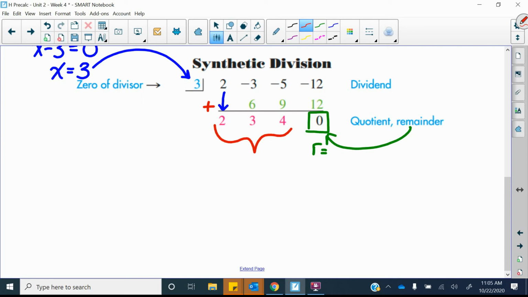So I notice to the left of the 0 is a 4, so that 4 is going to be our constant term. The 3, the next one, is going to be our x term, and the 2 is going to be our x squared term.